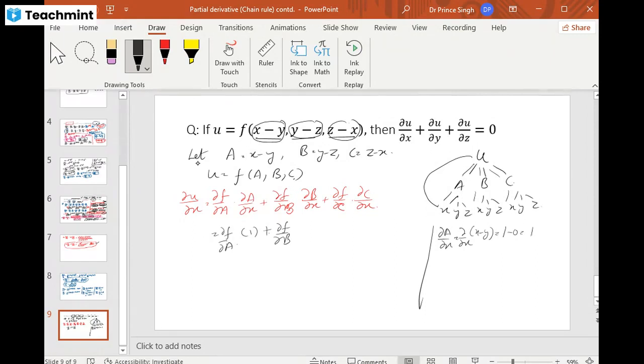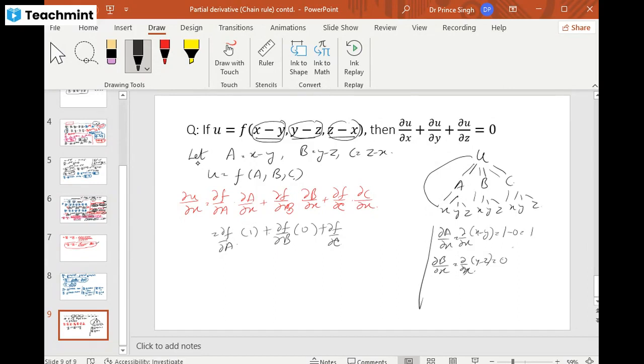And if we differentiate b with respect to x, what is the derivative of b with respect to x? Because it depends upon y and z only, its derivative is 0. And if we differentiate f with respect to c, no change.